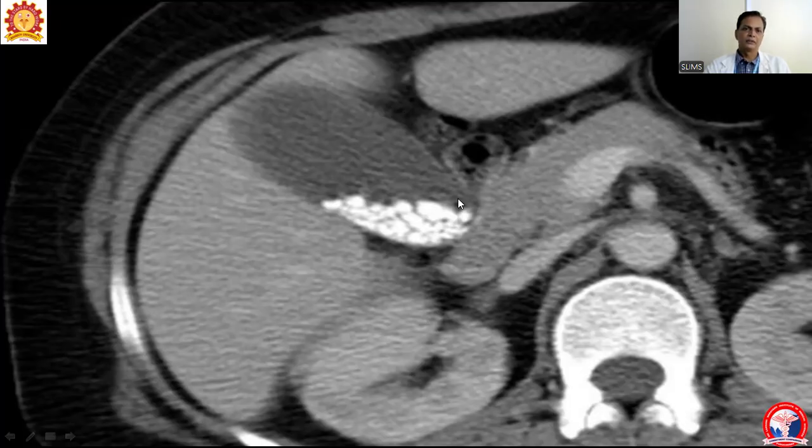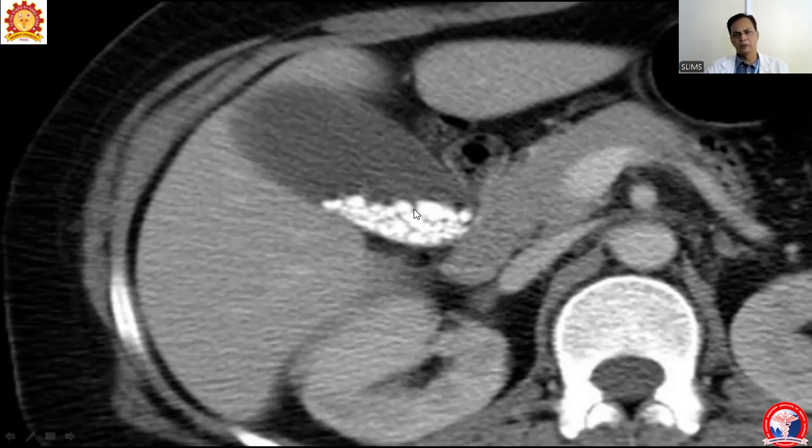So this is a well-defined, thin-walled gallbladder with bile within, which is showing uniform density, but in the dependent region of the gallbladder, there are multiple small hyperdense calculi.